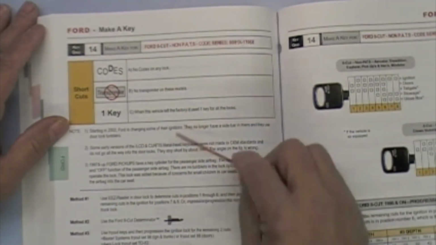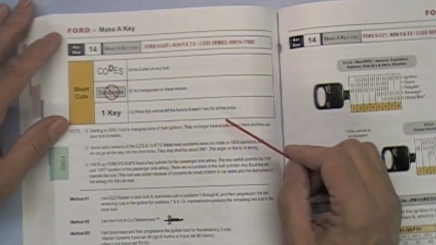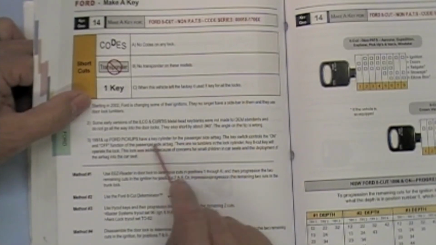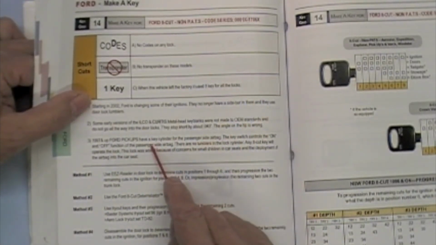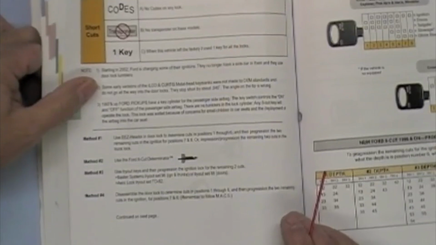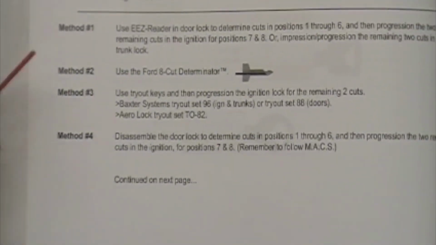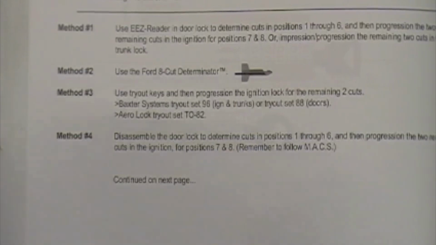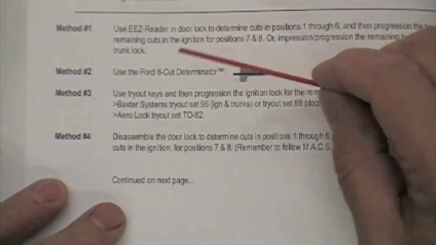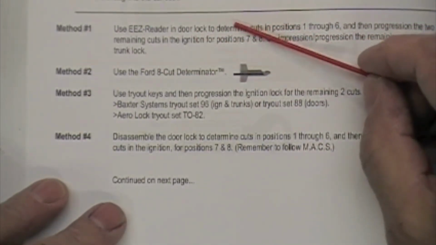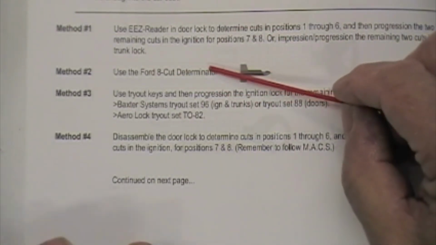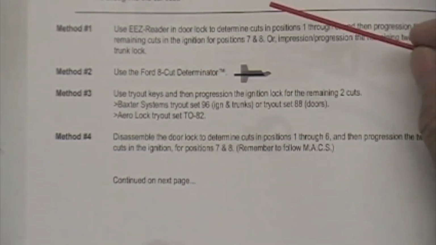And then there's notes to read. It doesn't hurt to go ahead and read everything on the page and become familiar with it. Then there's different methods to make keys. The first key, to generate a key, has 4 methods. One is to use an easy reader, and I'm going to explain that more in just a few minutes. 8-cut determinator is another type of reader.